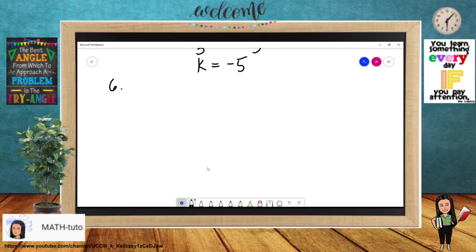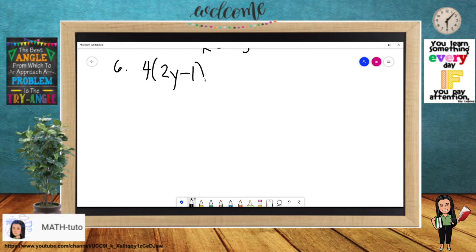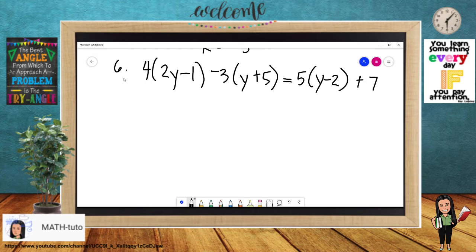This is item number 6. 4 times 2y minus 1 minus 3 times y plus 5 is equal to 5 times y minus 2 plus 7. So, simplify muna natin each side of the equation.